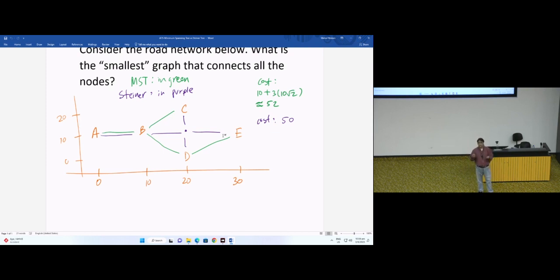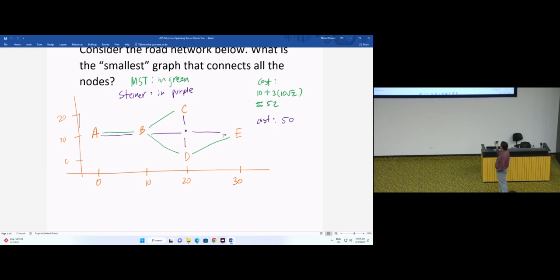And you ask the question, what's the minimum amount of material that you have to use? Let's say it costs you $100,000 per kilometer, right? And I tell you, this is all in kilometers. And you want to spend the least amount of money to build your road. So how would you do it?